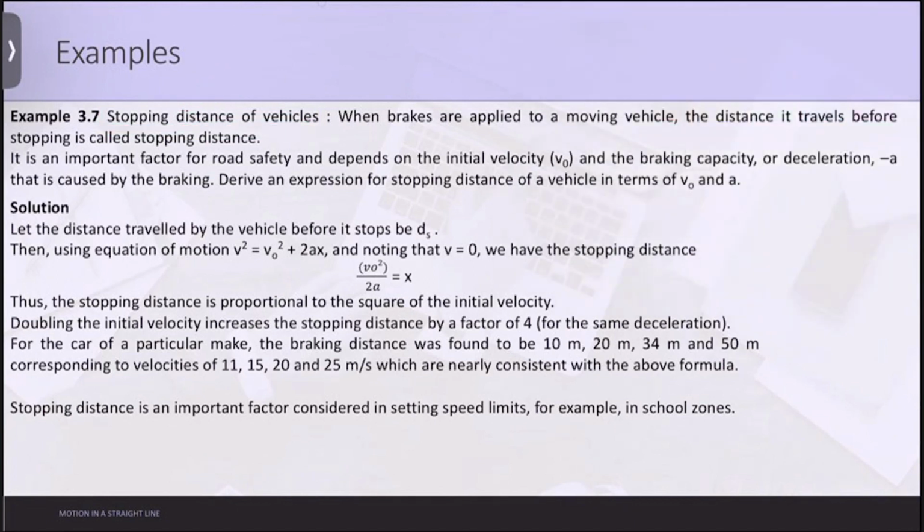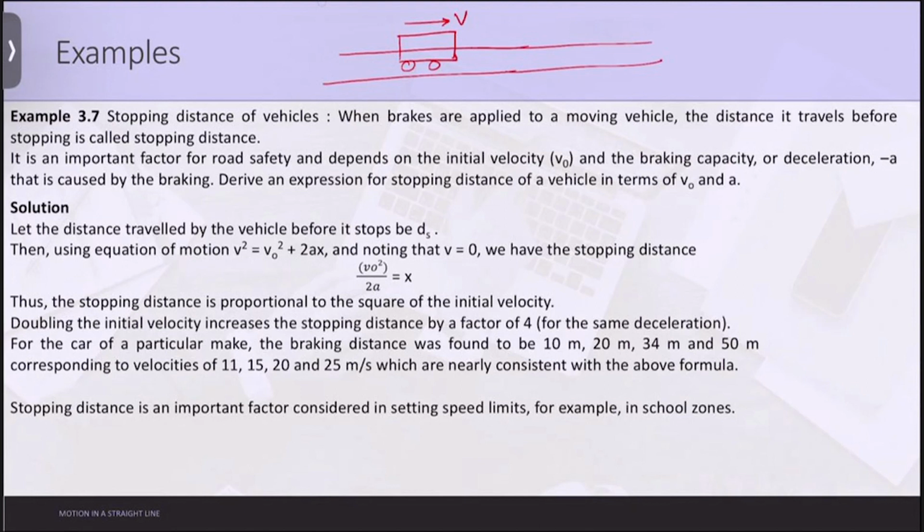Let's start with the basic result, what is being asked here. Stopping distance of vehicles. When brakes are applied to a moving vehicle, the distance it travels before stopping is called stopping distance. Quite clear, it can be understood from the name itself. What is being said actually? Let us say this is a car, moving on a road with a velocity v.